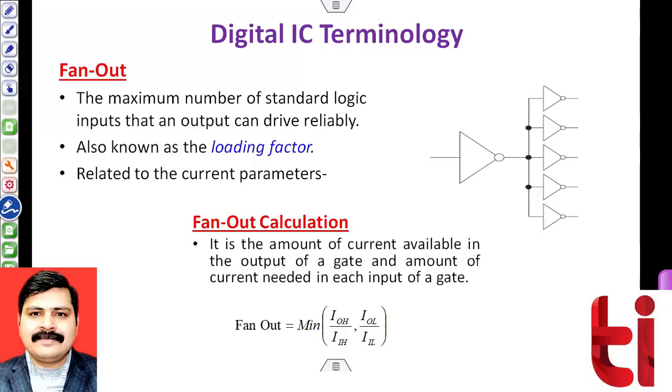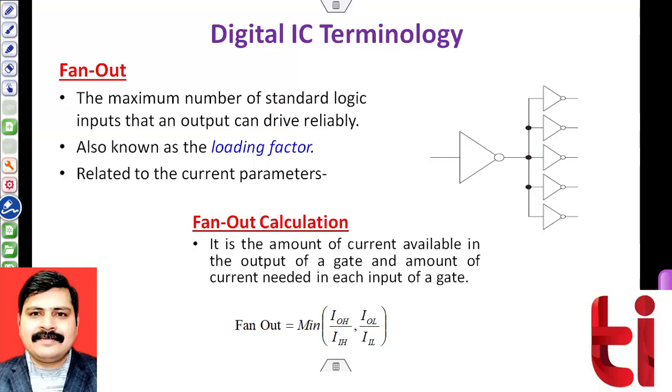The maximum number of standard logic inputs that an output can drive reliably is termed the fan out. In another term, all these gates are treated as a load to this gate. In this schematic you can observe these 5 gates have been treated as load to this particular gate. So this is also known as the loading factor.